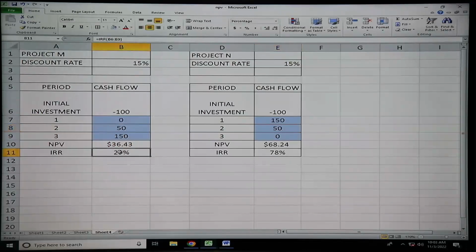We get that the internal rate of return in project M is lower than the internal rate of return of project N. So there you can give an explanation of why that is so. We are going to wind up our class there today, and we'll proceed on Saturday.